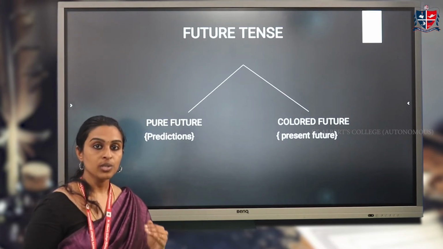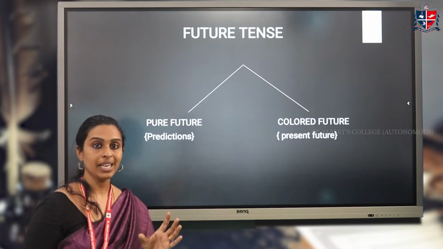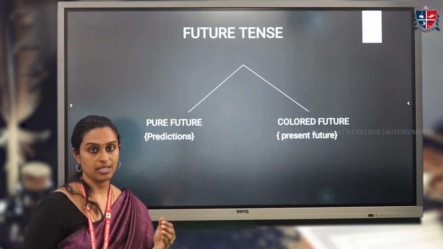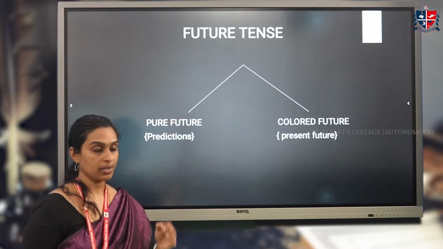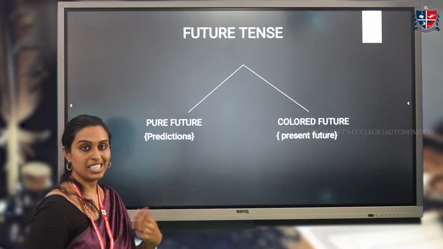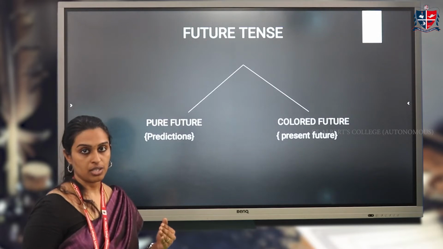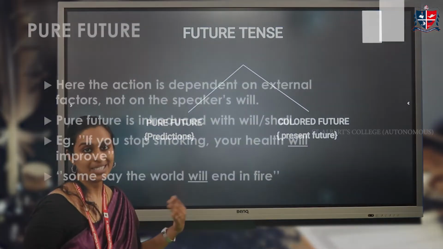We all know usage of will or shall depicts futurity. That is the main tense used to show futurity. So pure future completely deals about predictions, whereas colored future deals with the present future. We can see that in the coming slides.